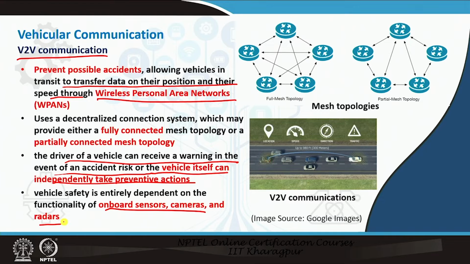So, these kinds of sensors are already in use in many vehicles, which allows you to have a safer driving experience, right. So, they improve the safety of each of the passengers or each of the drivers, and when safety is improved, in turn the efficiency of the entire network also improves.